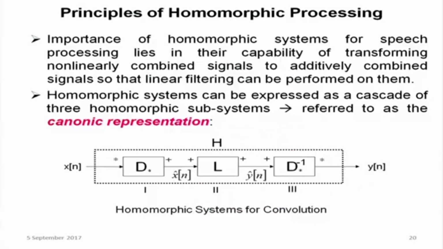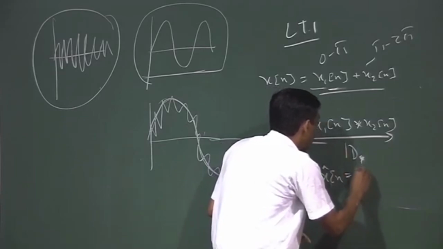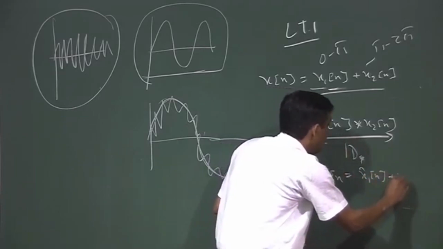If you see the slide, this figure represents the homomorphic system for convolution. For x[n], there is some transformation D, so that instead of convolution I get x1[n] plus x2[n]. Instead of x1[n] convolved with x2[n], I want a transformation D star which gives x cap n, in the form of x1 cap n plus x2 cap n.